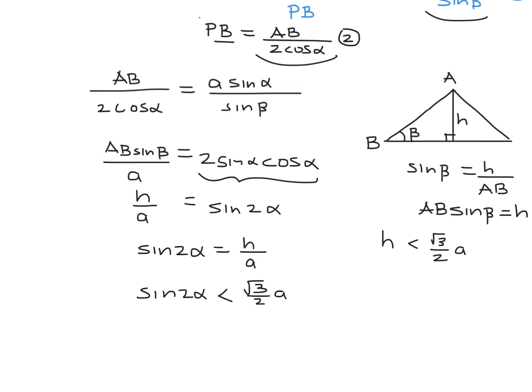You can just substitute that for h. And then, of course, that's all over a. The a's cancel, and you're left with sine of 2 alpha is less than root 3 over 2.